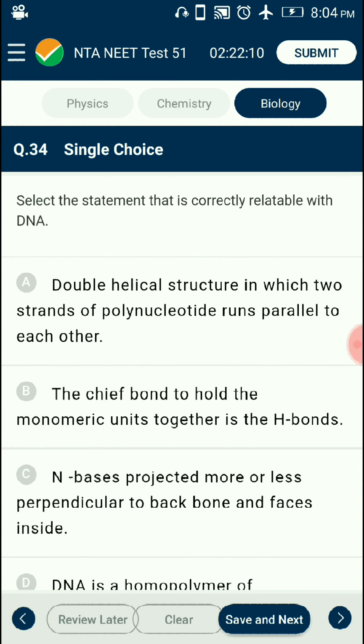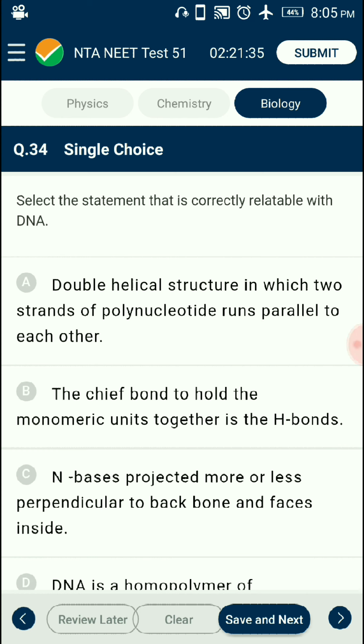Question number 34. Select the statement that is correctly relatable with DNA. Deoxyribonucleic acid is a double-stranded molecule where the two strands run anti-parallel to each other. Phosphate and sugar molecules form the backbone of the structure. Through phosphodiester bonds, the nucleotides in each strand are linked, and the bases face towards the inner side and are attached to the other strand by hydrogen bonding.